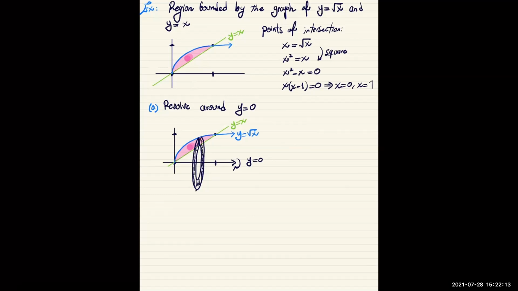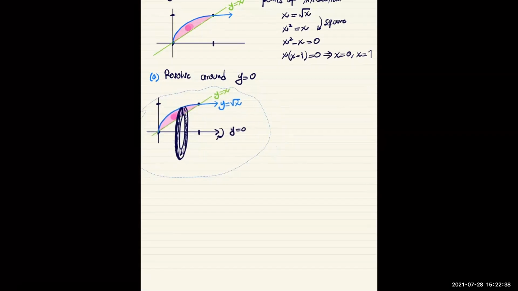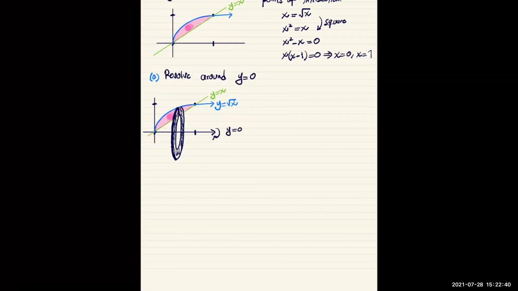And it has some thickness, but again, it is just a slice. And all you care about is that slice, okay? Because it gives you the outer radius and the inner radius. All right, so if you want, you can draw the washer out here.